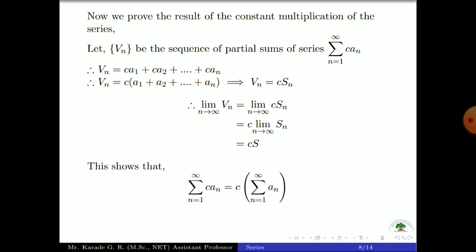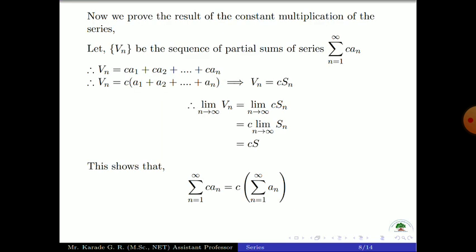This shows that the sequence of partial sums Vn of the series Can converges to CS, and therefore the series Can converges to C into S, but S is nothing but series An.